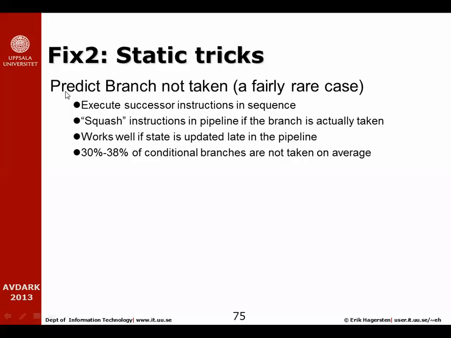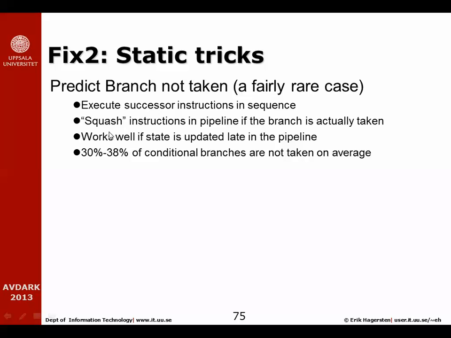You can produce a branch that predicts that it's taken. In that case we would execute the successor instruction, and if it turns out that this was the wrong guess, the branch we predicted was taken, but it turned out it was a wrong guess, we somehow have to be able to squash that instruction in the pipeline before it performs any harm.